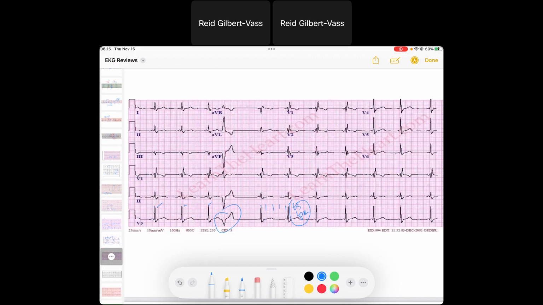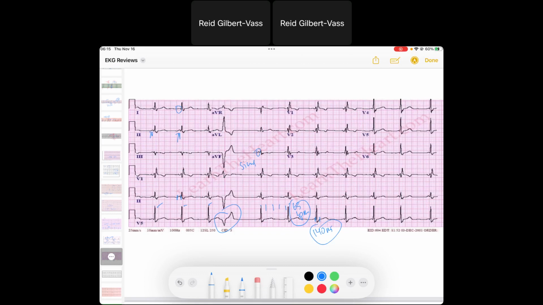Maybe kind of on the wide end, the QRSs are looking maybe 140 milliseconds, maybe a wide QRS. We'll get back to that. We've got P waves, and these P waves are up in one, and they're up in AVF. This is a sinus rhythm. Our AV node is working well. We have a normal PR interval throughout.